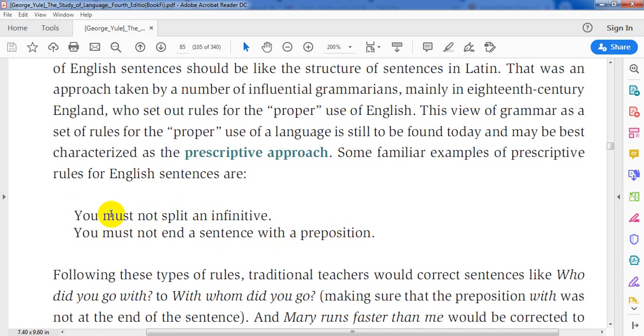Now in some written work by well-known speakers, we can see phrases here and there in which we split, we disconnect the infinitive, which means to plus main verb. So according to this rule, you cannot split an infinitive.